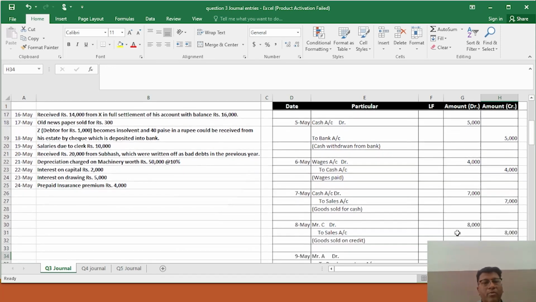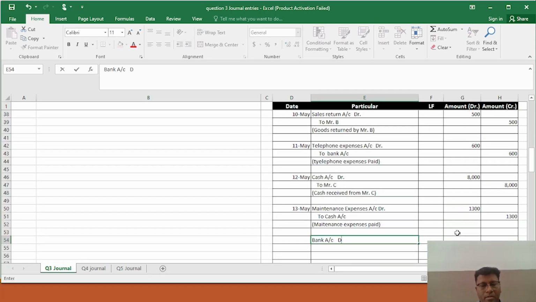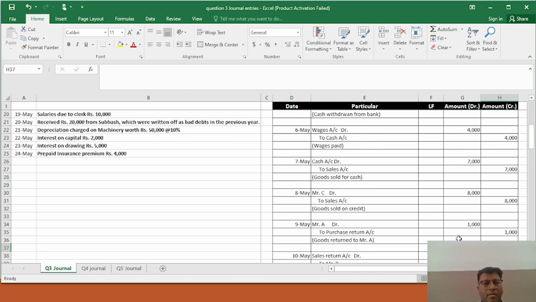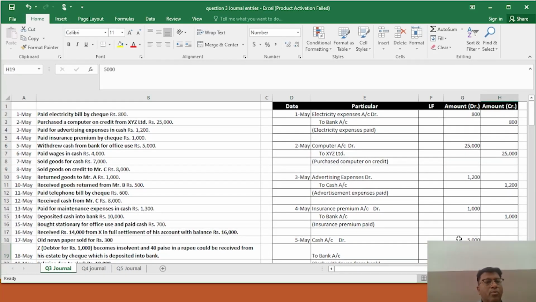So bank account debit to cash account, rupees 10,000. So you deposited the cash into bank, okay.